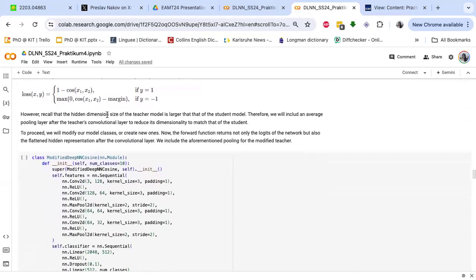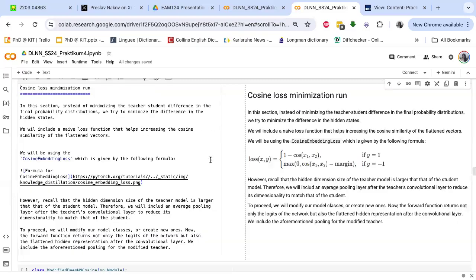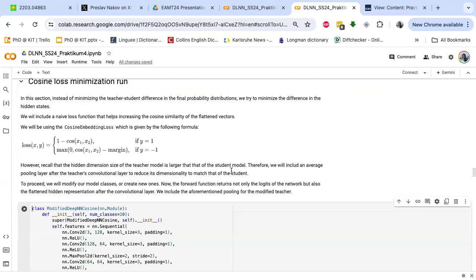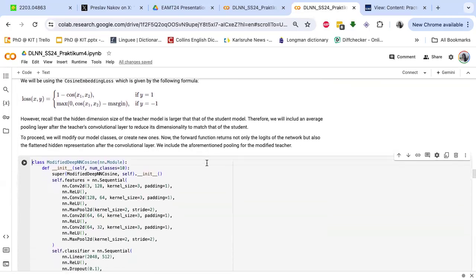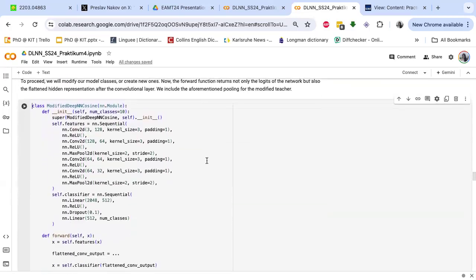It's just one thing to keep in mind, that the hidden dimension size of the teacher model would be larger than that of the student model because it contains more neurons per layer. So we would have to include an average pooling layer so that we can match the teacher hidden representation size to the student hidden representation size. That's the idea.